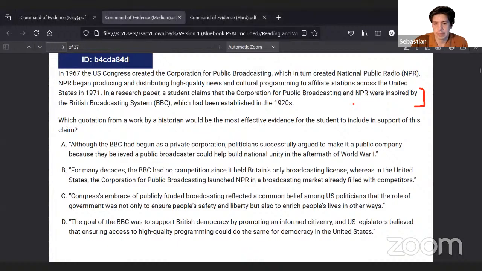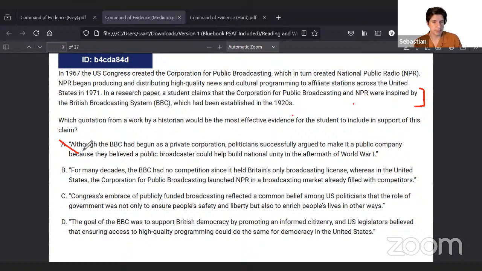So I'll give you all a second to think on this one. Okay, so we're looking for them copying the BBC, right? So I think we want something that connects the US and the British. So A doesn't work because it just talks about how the BBC was begun, and how it later became a public company, but it's not about how the US thought about it through that lens.